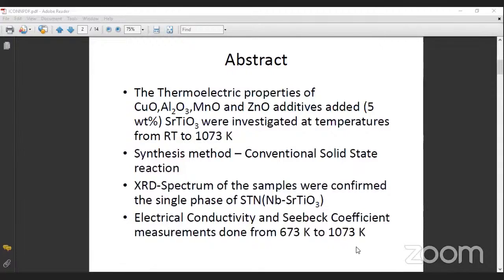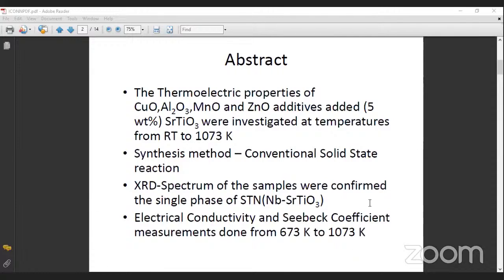The main application is waste heat management. The main advantage of thermoelectrics is that they have no moving parts, so we can easily use them as generators. Mostly in space applications, thermoelectric generators are widely used. For example, radioisotope thermoelectric generators are used in space probes.